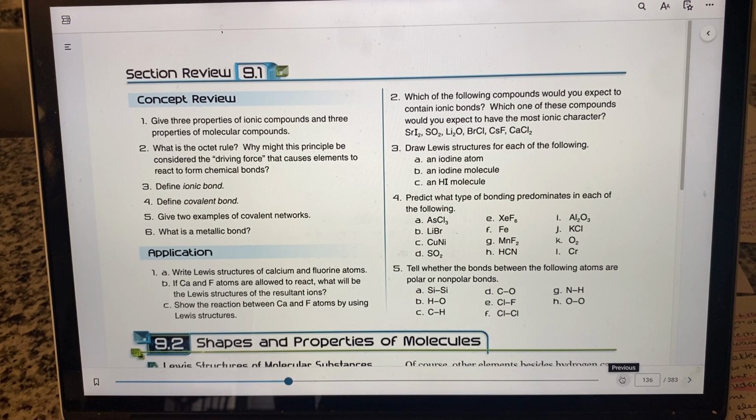Which ones were ionic? As we saw, this one was ionic, this one was ionic, this one was ionic, and this one was ionic. But the most ionic would be the CS and F, because one was way over on the left and on the bottom, and one was way over on the right. So this would be the most ionic character. Which one do you expect to have the most? That one.